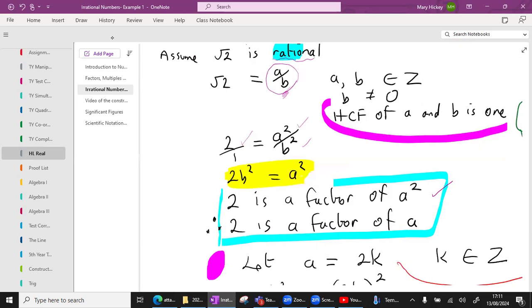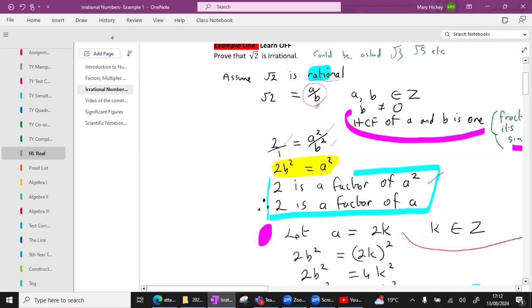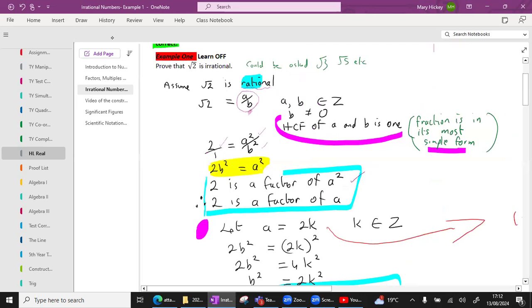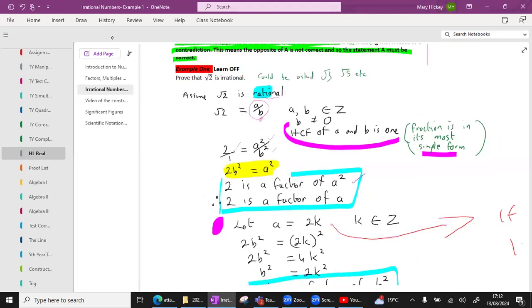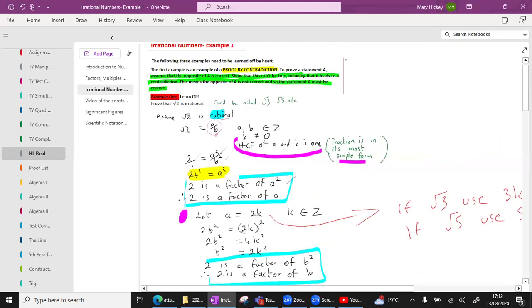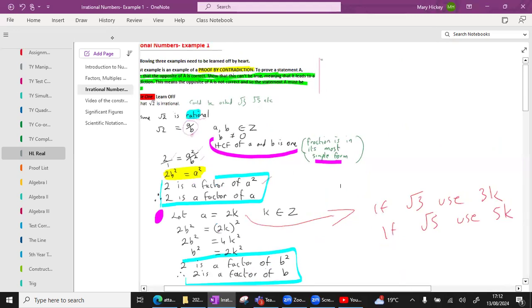Now, I've proved that 2 is a factor of a, but now I need to go back and say, okay, we're going to let a equal 2k this time. k is an element of Z. Now, why 2k? Where did I get this from? Well, if you were proving root 3, you would use 3k. If you were proving root 5, you would use 5k.